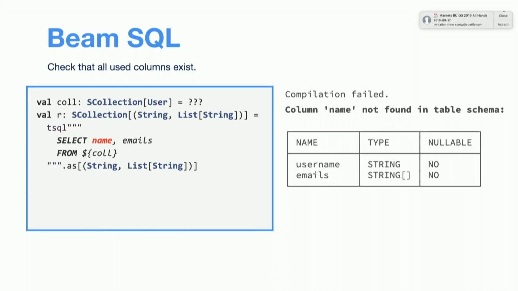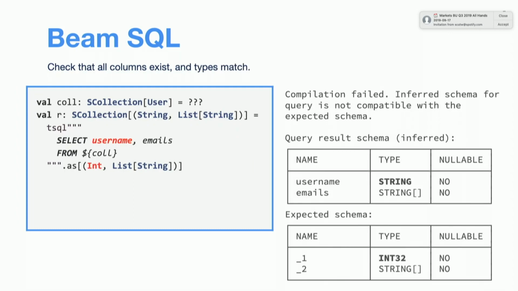If you use some columns that don't exist, you would get a different error message that will say basically, this column doesn't exist in this table, please fix it.